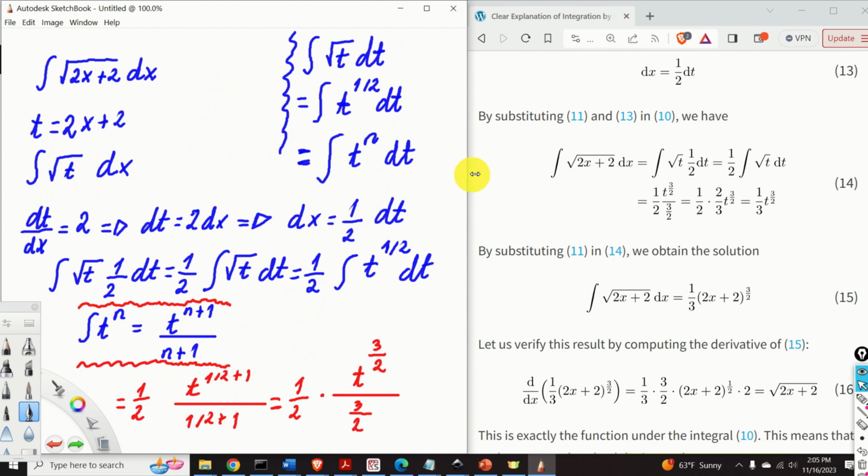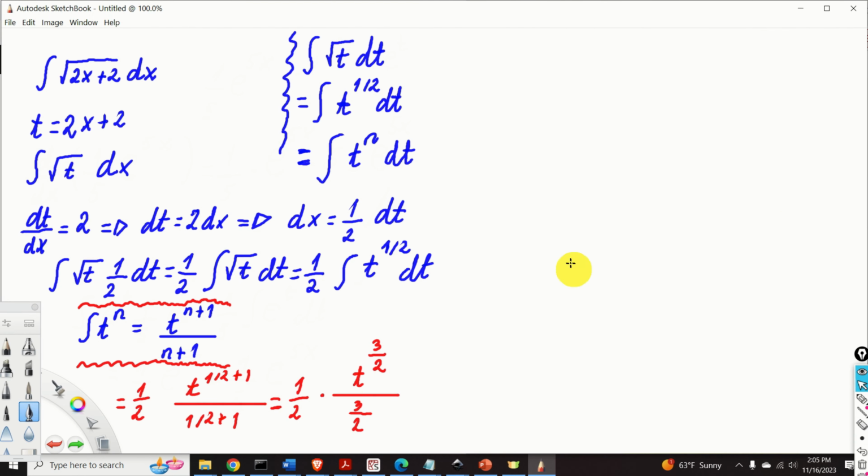I will simply expand my screen and I will continue with this integral. I will continue over here. So we have 1/2. Let's fix this term. Dividing by 3/2 is actually multiplying by 2/3, multiplying t to the power 3/2. And let's see the final result.